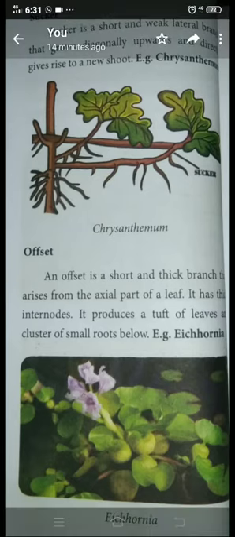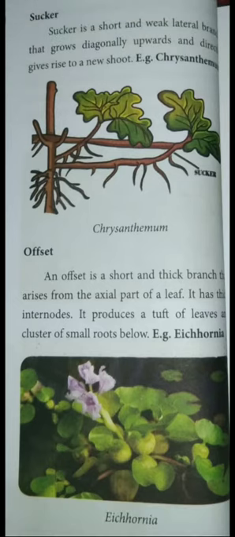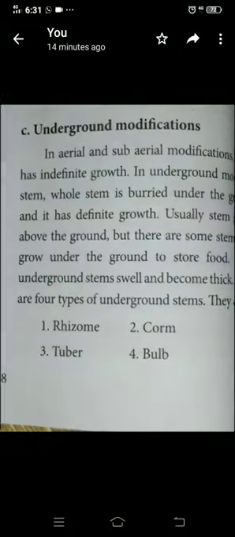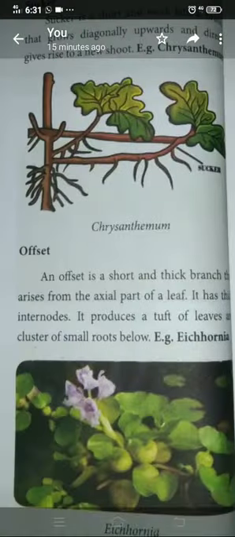An offset is a short and thick branch, thick from the axil of the leaf. It has an internode. It produces a tuft of leaves and a cluster of small roots below, as in Eichhornia. You see that the stem produces small roots for floating purposes. An example is Eichhornia. We call it water hyacinth.